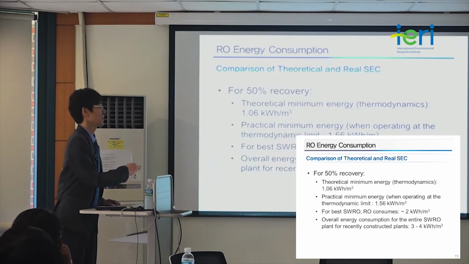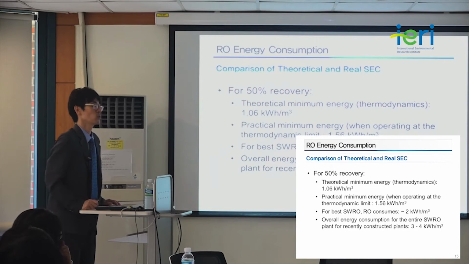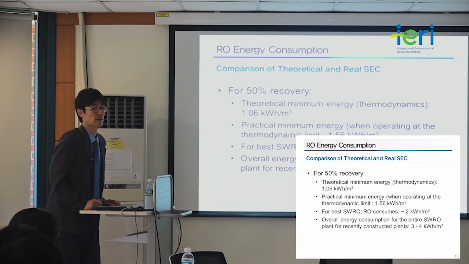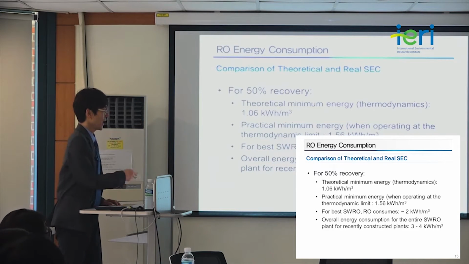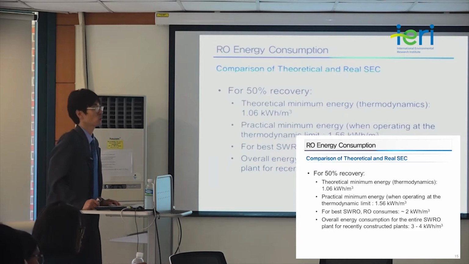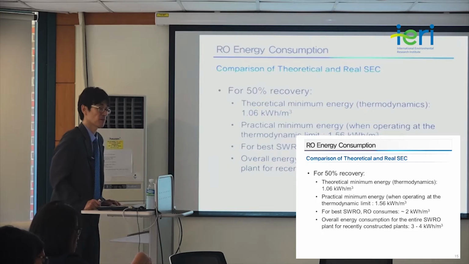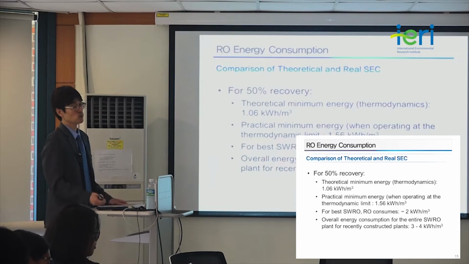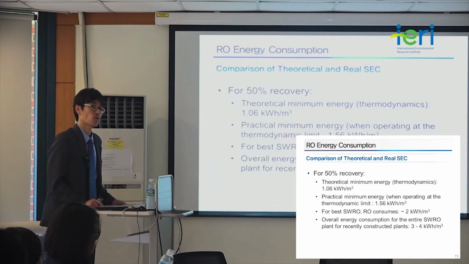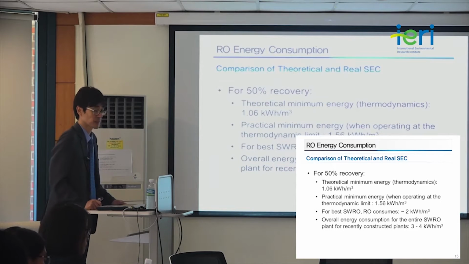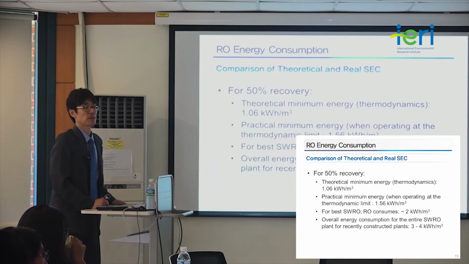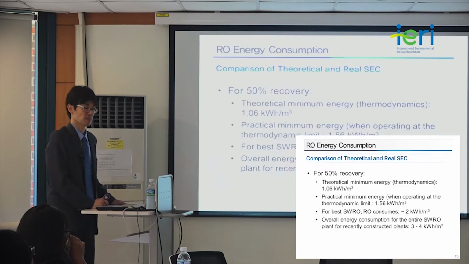So even if the reverse osmosis consumes 2 kilowatt hour per cubic meter, the actual plant will spend more than 3 to 4 kilowatt hour per cubic meter. So this is why we come up with the number of 3.5 or 4 kilowatt hour per cubic meter when we talk about the energy consumption of the seawater desalination plant.